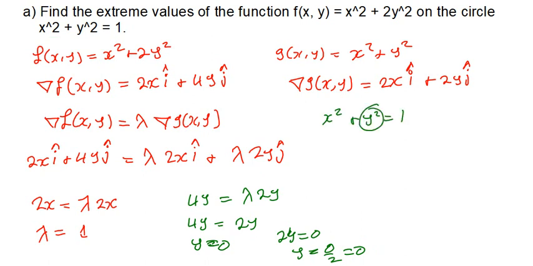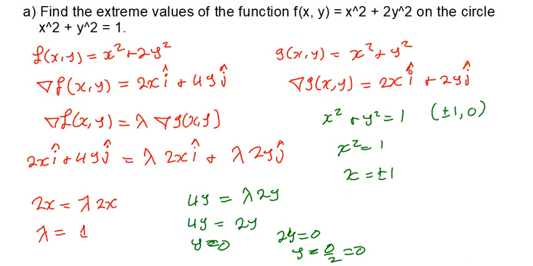With y equal to 0, x squared is equal to 1, meaning x is equal to positive or negative 1. So when y is equal to 0, x is positive or negative 1. Those are some of the critical points that we have.